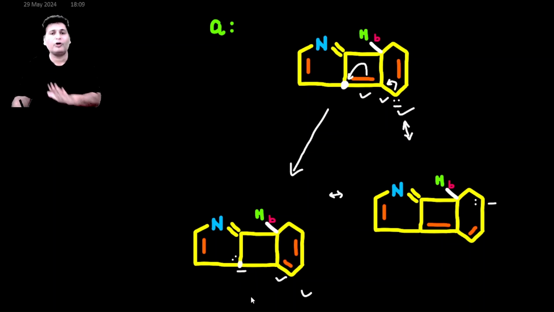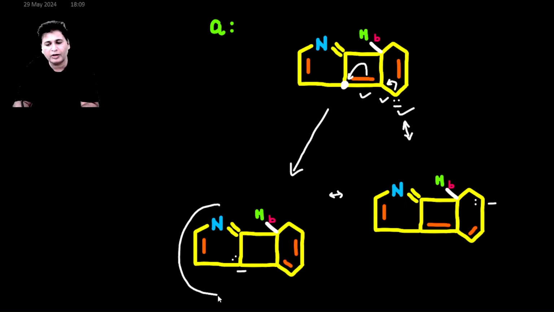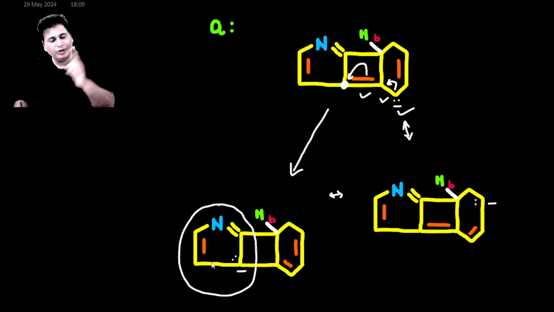Now after you have drawn this structure number 2, you should realize that you have drawn something unusual. What is unusual about this structure? What is special about this structure? As you ponder, you find that you have got a cyclic system in this anion, and you find that it is flat once you try to get the hybridization of all the atoms as per the rules I have already dealt with in my previous video.